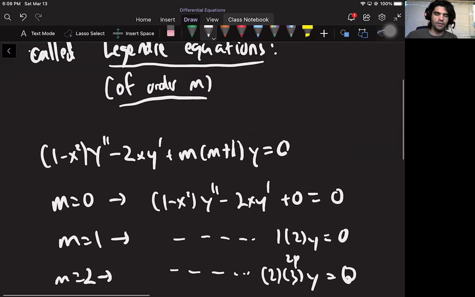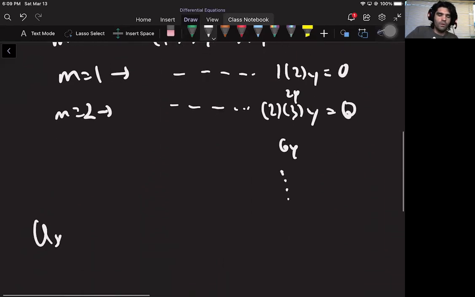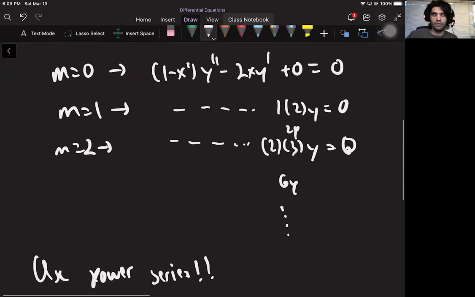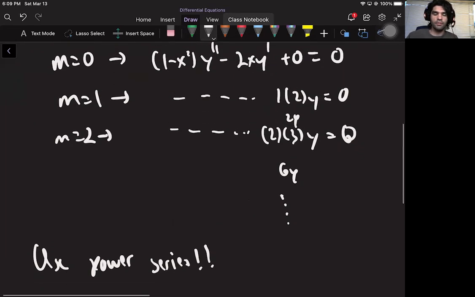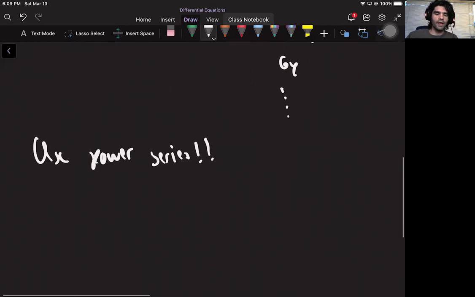and we can solve these using a power series technique. So just another application of what we learned yesterday. But what's going to be interesting is, just like in one of the examples I did yesterday, I'll just give you a preview.